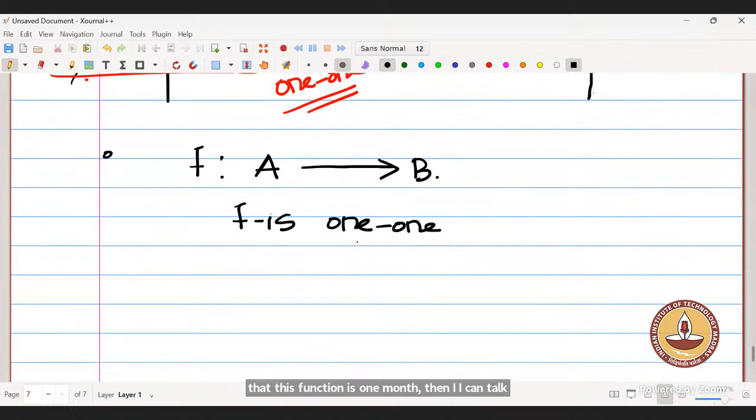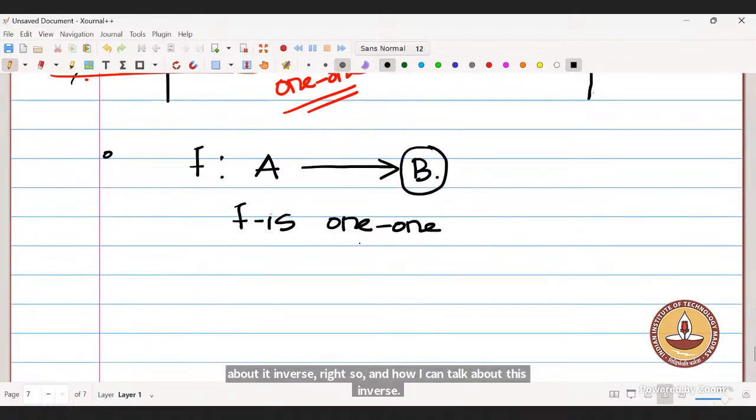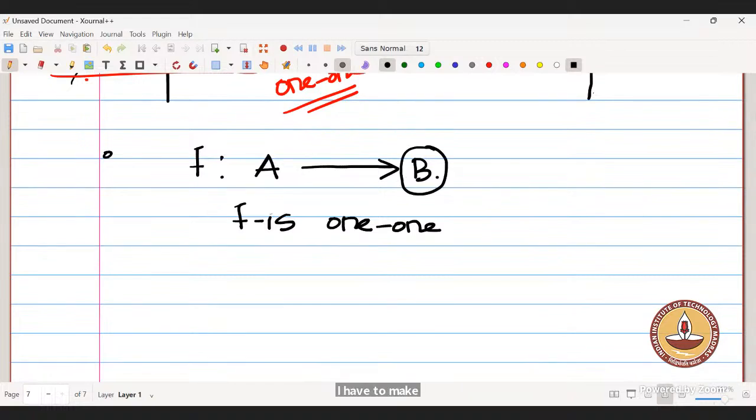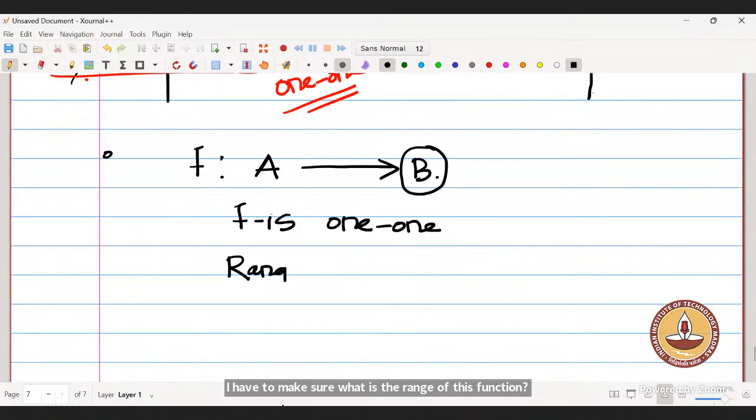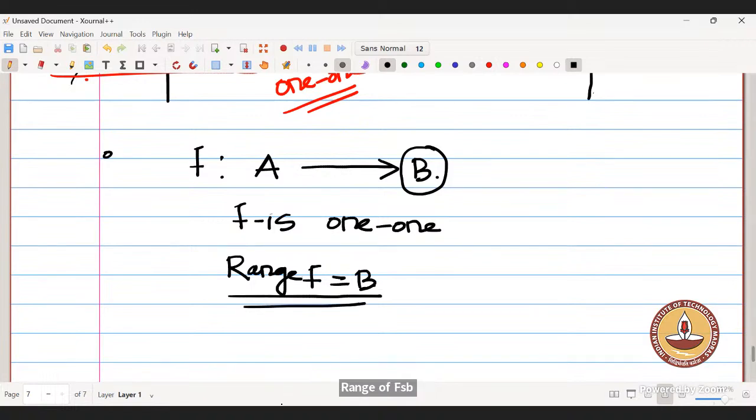And how can I talk about this inverse? I have to make sure what the range of this function is. So if the range of f is B, then basically it's both 1-1 and onto.